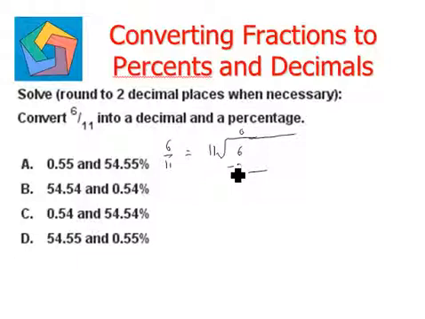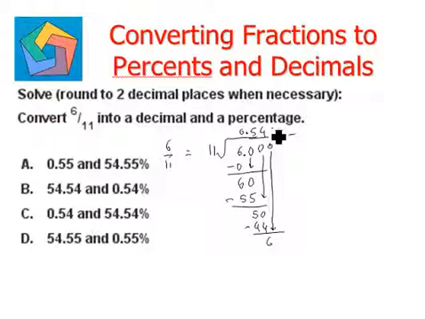6 minus 0 is 6. Decimal here, decimal on the top. 0, bring this down. 11 times 5 is 55. 60 minus 55 is 5. Bring down another 0. 11 times 4 is 44. 50 minus 44 is 6. Another 0. 11 times 5 is 55.